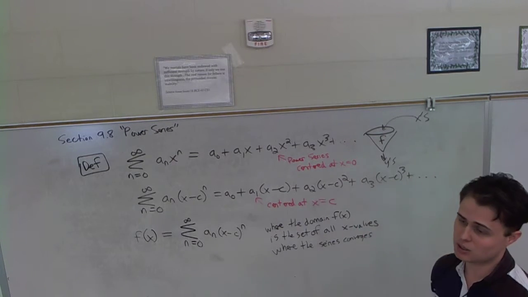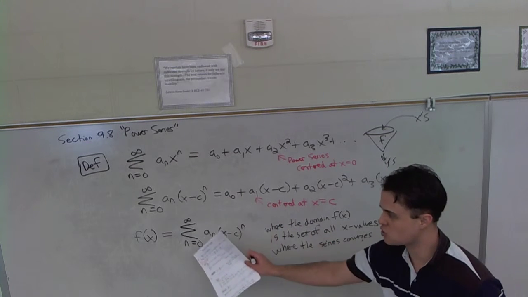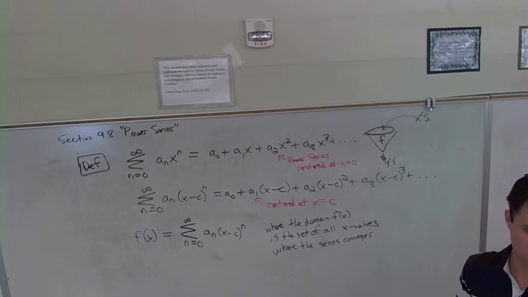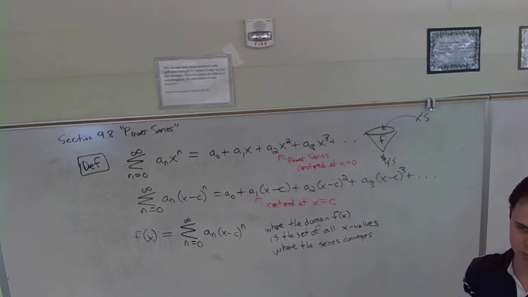So that would break down the idea of what a function is. So our main goal in this unit is to figure out how to express functions as series, and number two, to figure out what values of x they'll converge to. And that's going to be called the radius of convergence. Okay, and I think we're just going to use tools we've already known. That's the big idea.